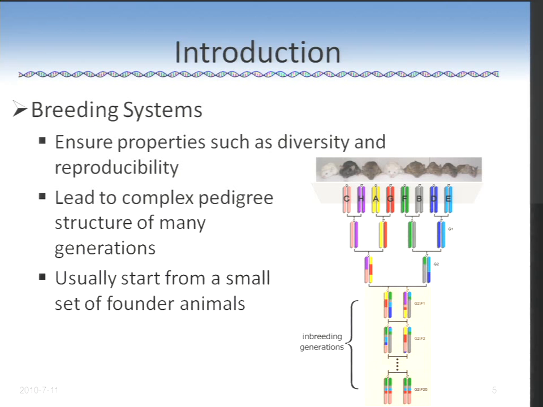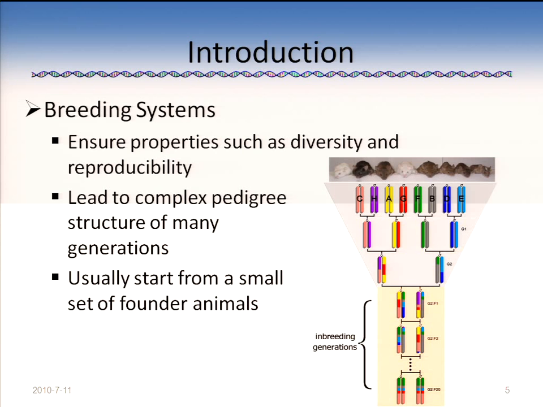This breeding system uses certain designs to ensure properties such as diversity and reproducibility. One thing worth mentioning is that usually a small set of animals from the population is used to start.